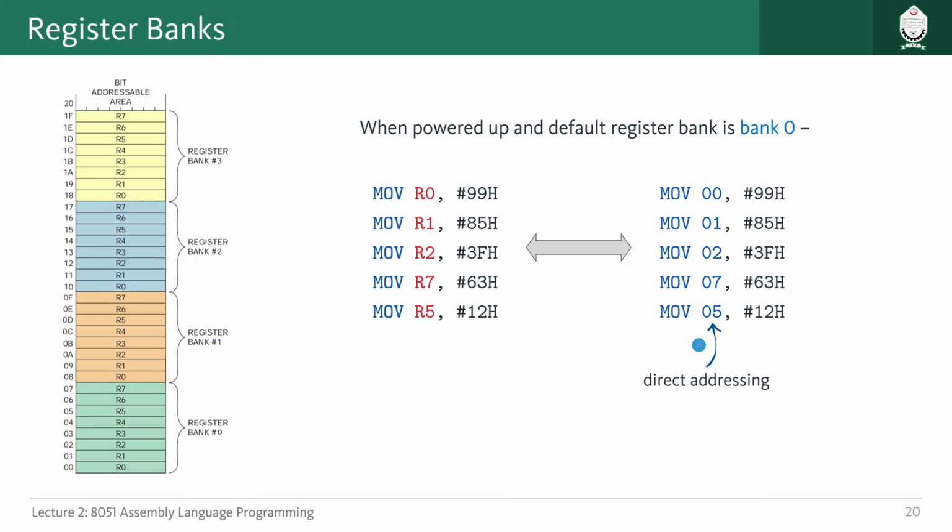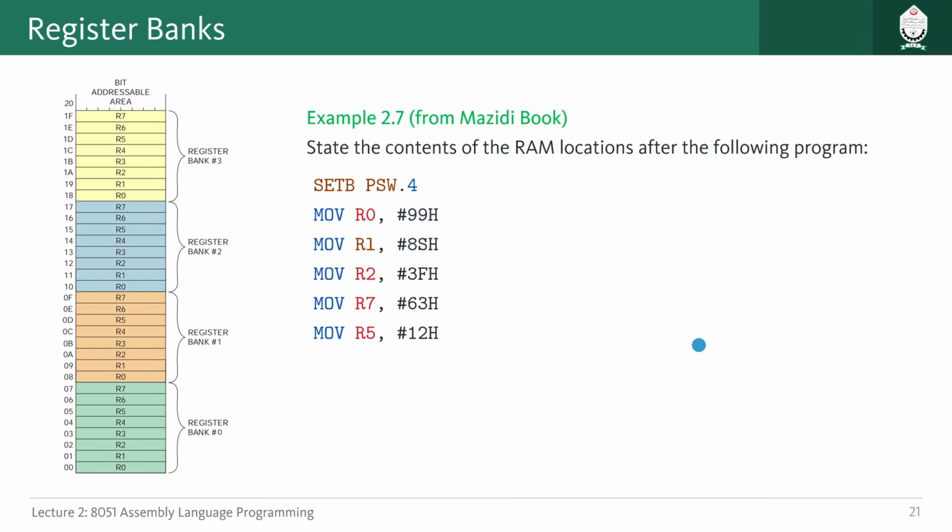Okay, now as we said, if we change the register bank, what will happen? That is the question. Here you see, SETB PSW.4. We know that we had PSW.3 and PSW.4, right?